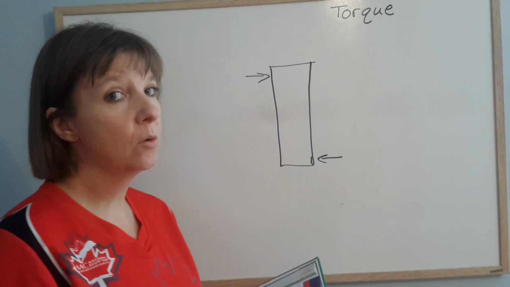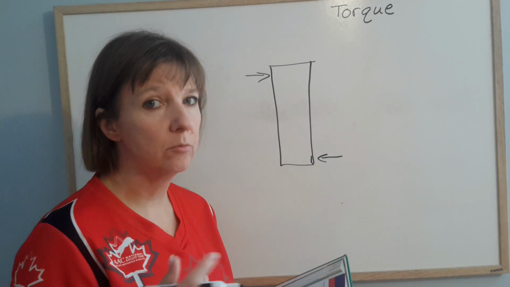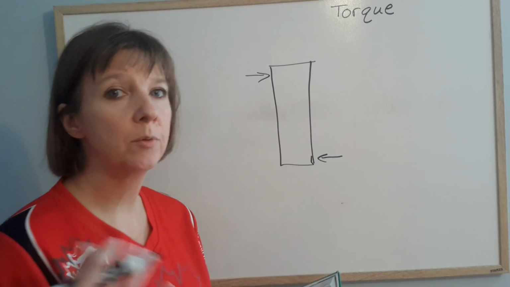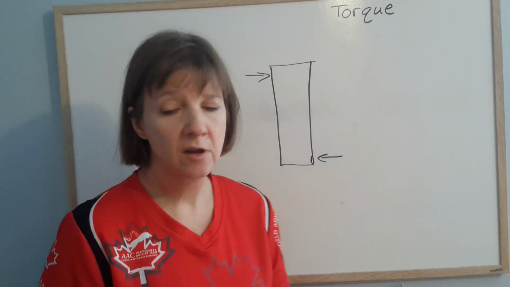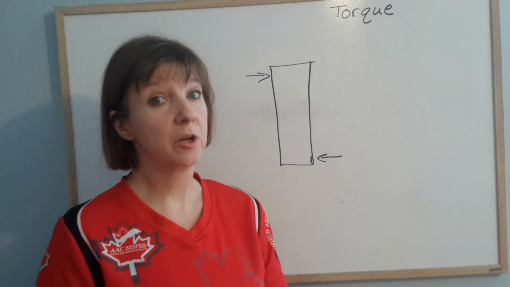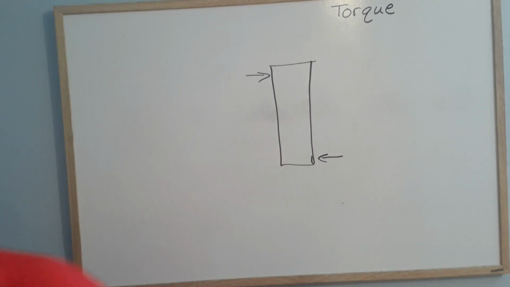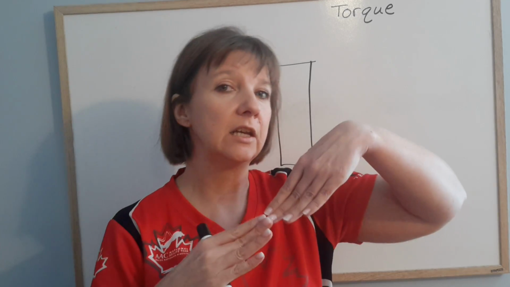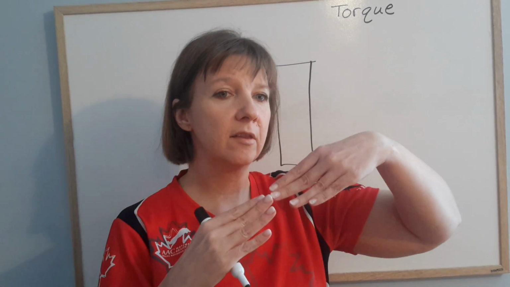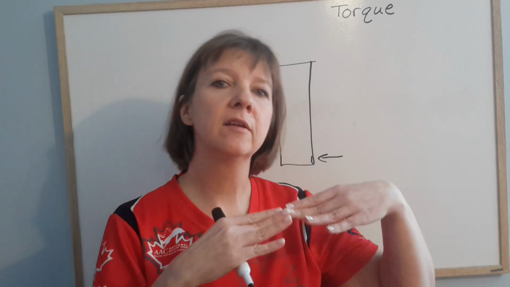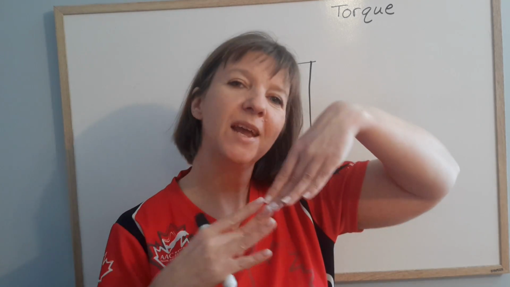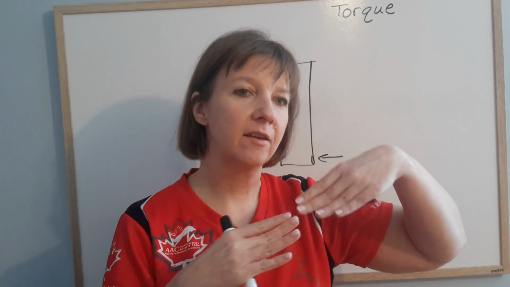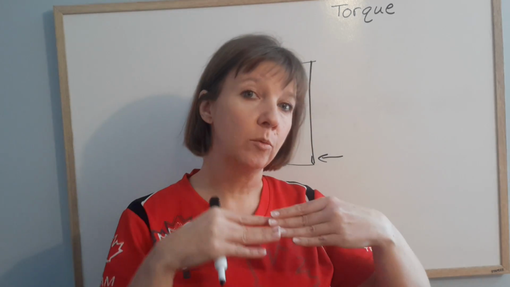Now, you probably know more about torque than you think you know about torque. When you were a kid and you would play on a teeter-totter or a seesaw, depending on where you come from, who knows what you call it, you knew that if you were the little teeny kid, like I was, and some big kid, I'll be nice and say big kid, some big kid came and sat on the other end, that the teeter-totter wasn't going to work very well.